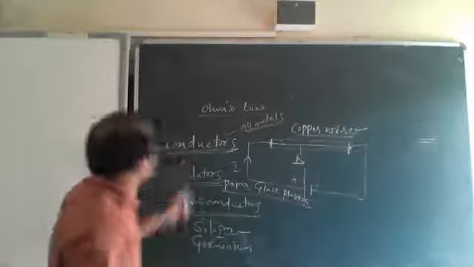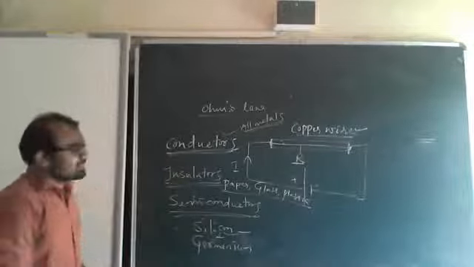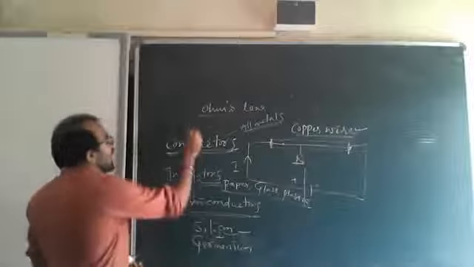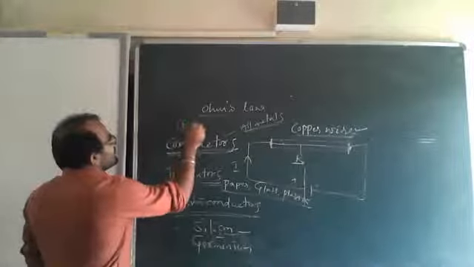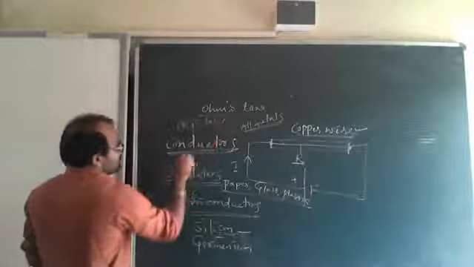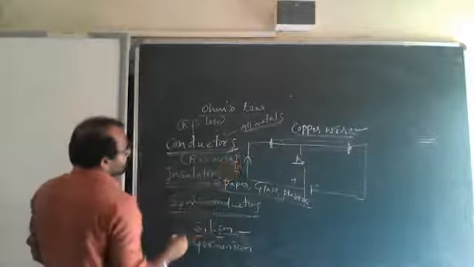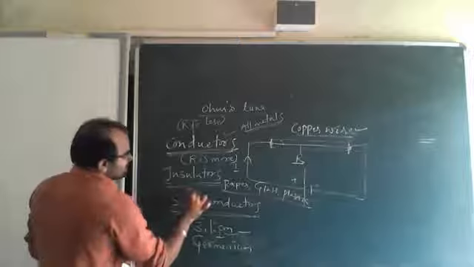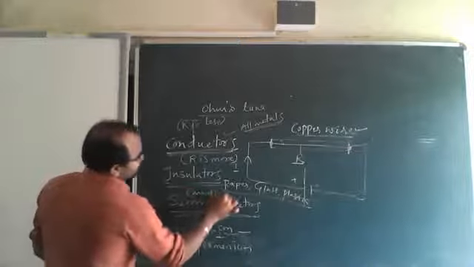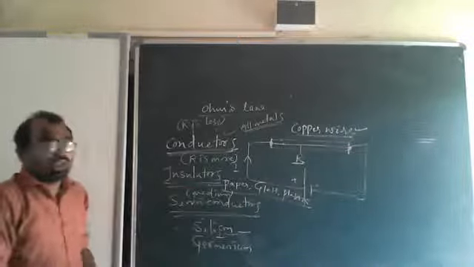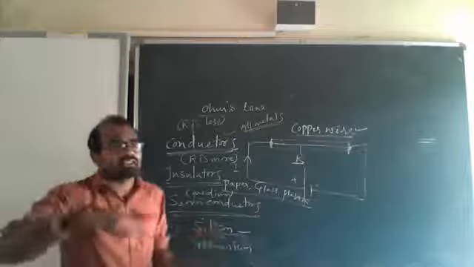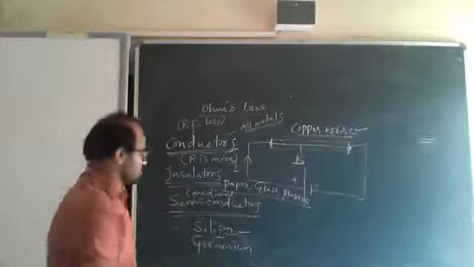In conductors, R is less, means resistance is less. In insulators, resistance is very high. And in semiconductors it is medium. In semiconductors, we can increase or decrease the resistance.